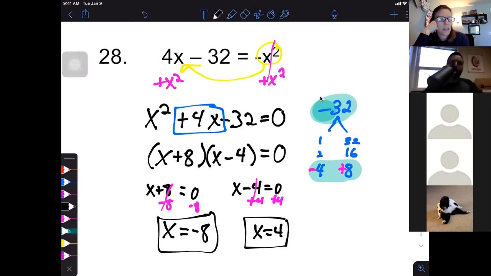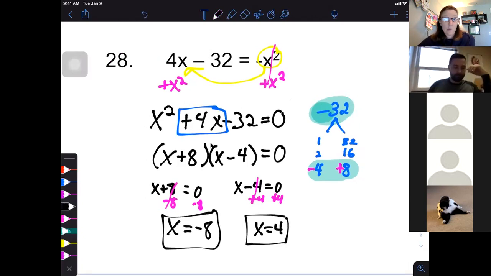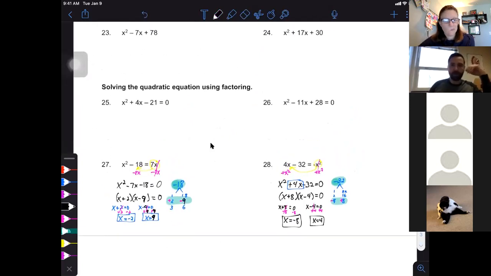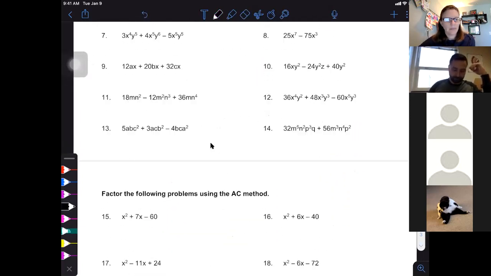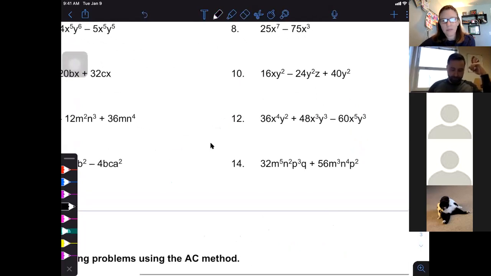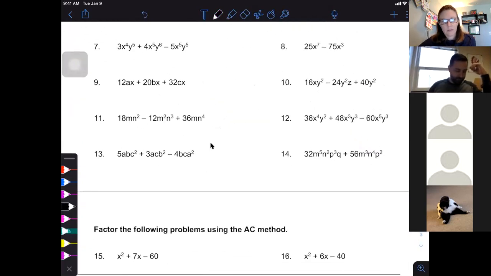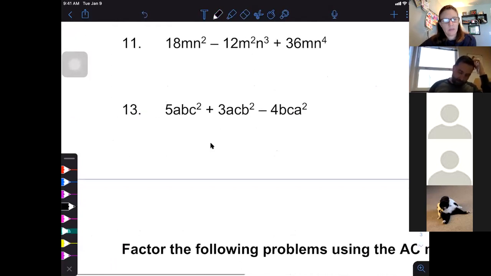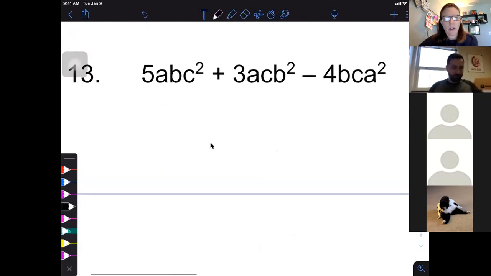Just put a number in there. Anybody? Let's look at 13. I know there's one on the quiz very similar to that one.